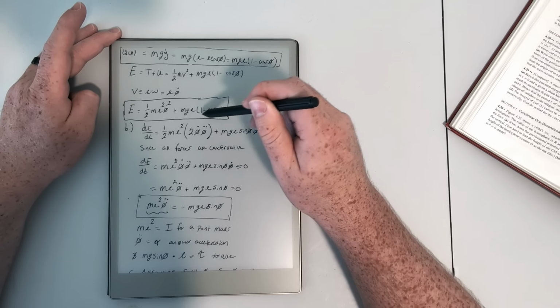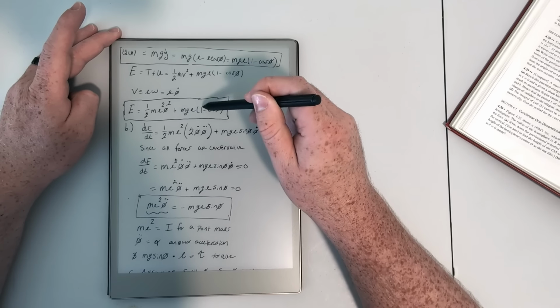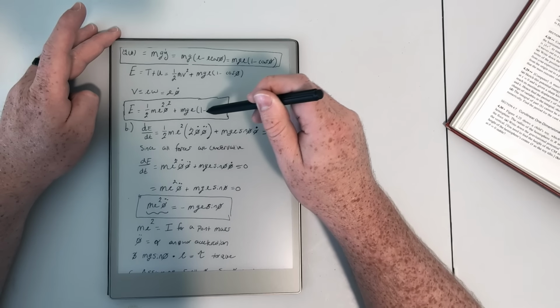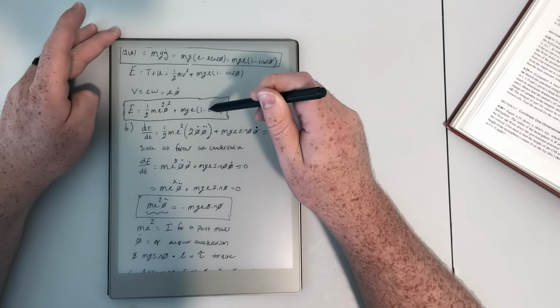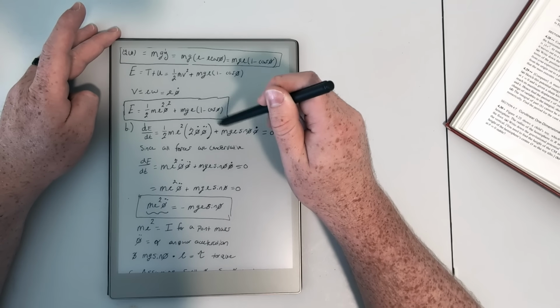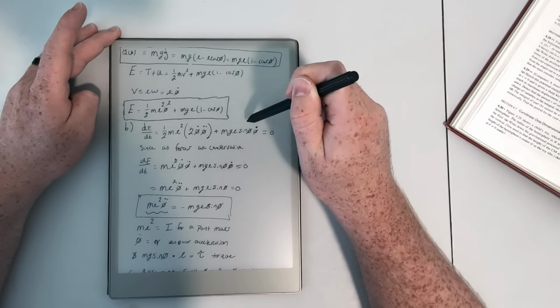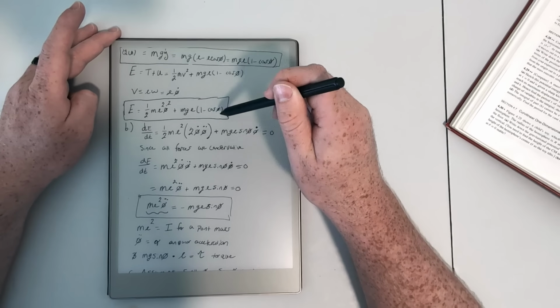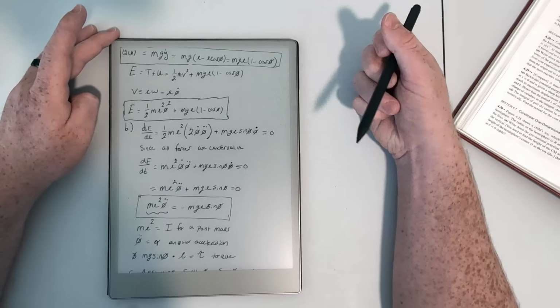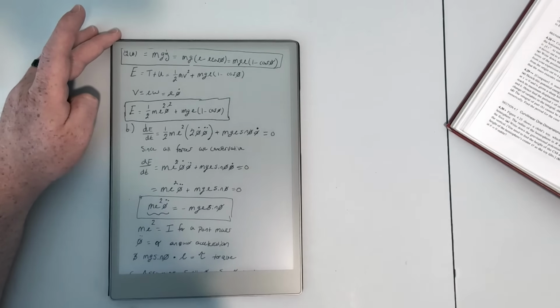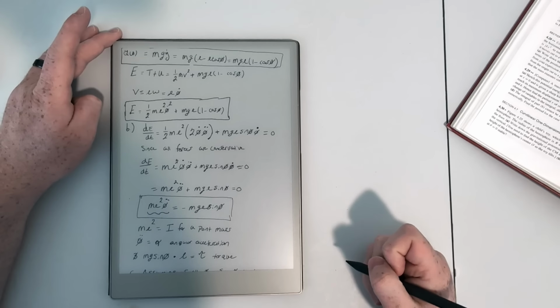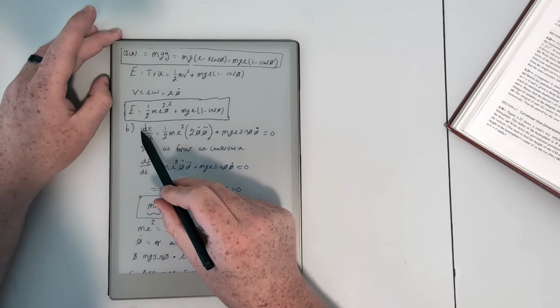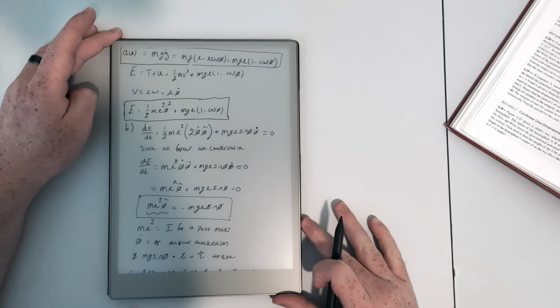So the first term, the constant, goes to 0 because it doesn't depend on phi, but we get the minus here. But then the derivative of cosine of phi is minus sine of phi, so we end up getting a plus sign. We get mgL sine phi. Then we chain rule that, so we get phi dot. And that's all equal to 0. Since all forces are conservative, energy is conserved.